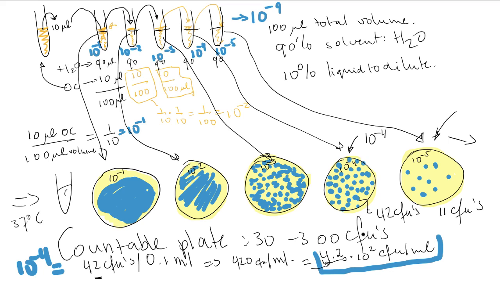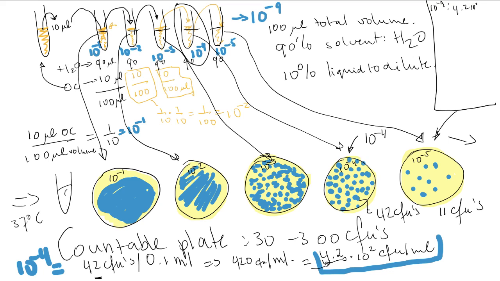Okay, well, that's nice. Well, that was on the 10 to the negative 4. So I don't want to really open a new blank page, so I'm going to carve a little corner out here to do a little more. So the tube here that I used, the 10 to the negative 4 plate, had 4.2 times 10 to the 2.